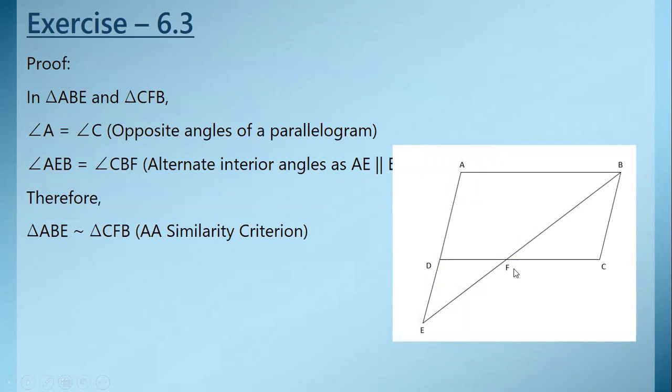Now for that, angle A and angle C are equal because they are opposite angles of a parallelogram. ABCD is a parallelogram, opposite angles are equal, so angle A is equal to angle C.